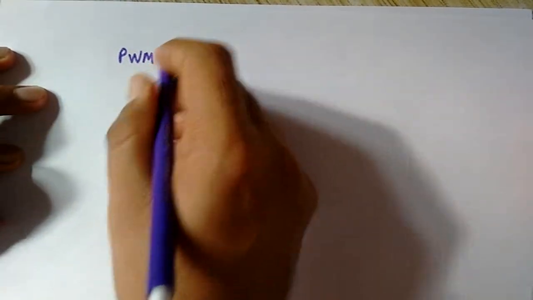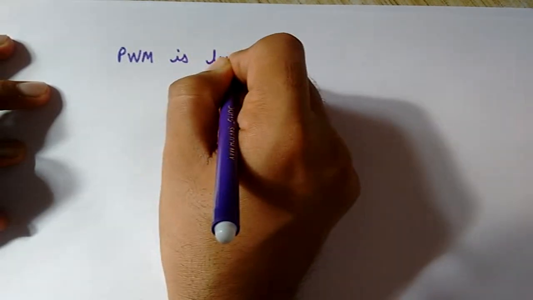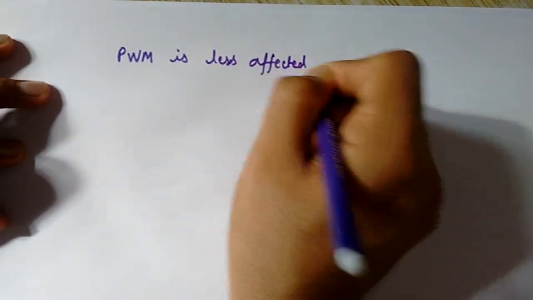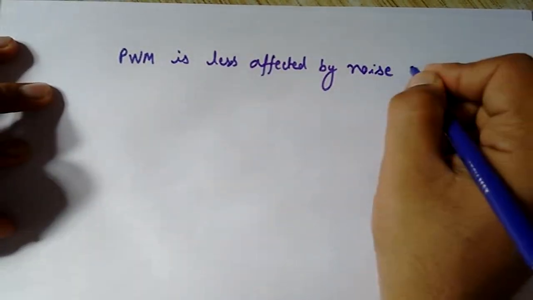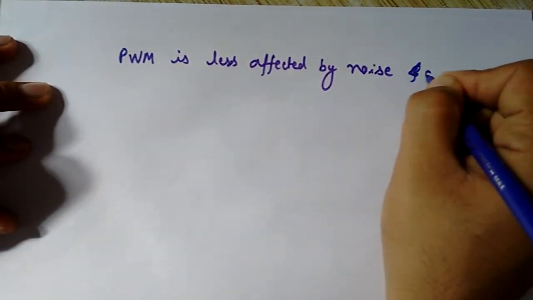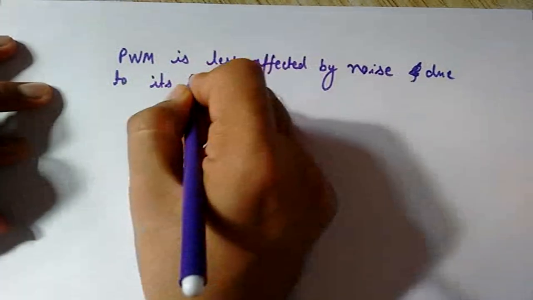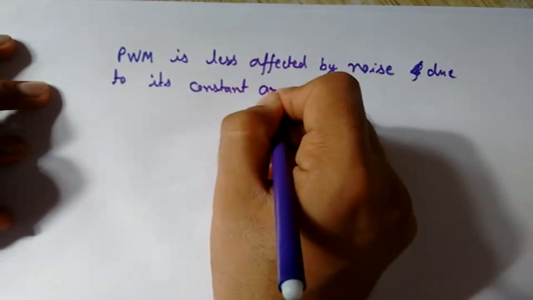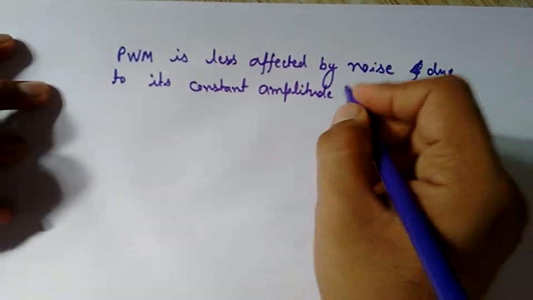So let's write it. PWM is less affected by noise due to its constant amplitude.